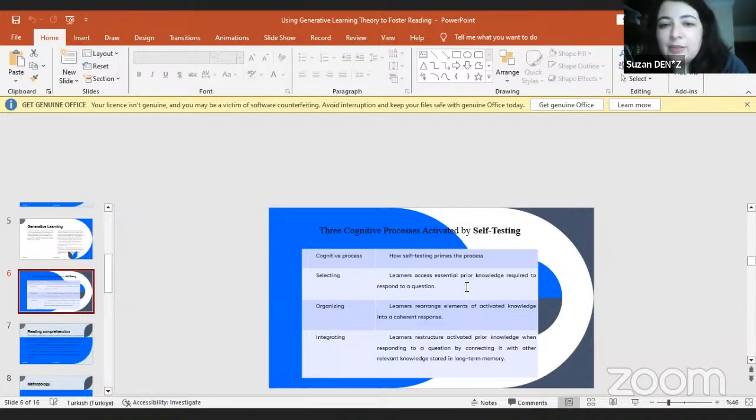Learners restructure activated prior knowledge when responding to a question by connecting it with other relevant knowledge stored in long-term memory. So you can see that the student is learning the abstract cognitive knowledge of the language and then assembling, structuring, restructuring this information in order to make his own creation.